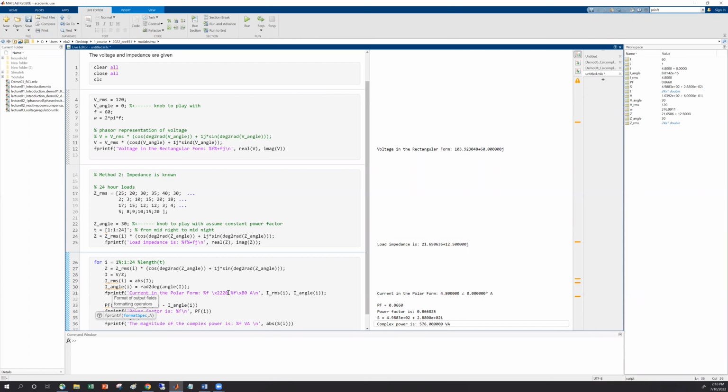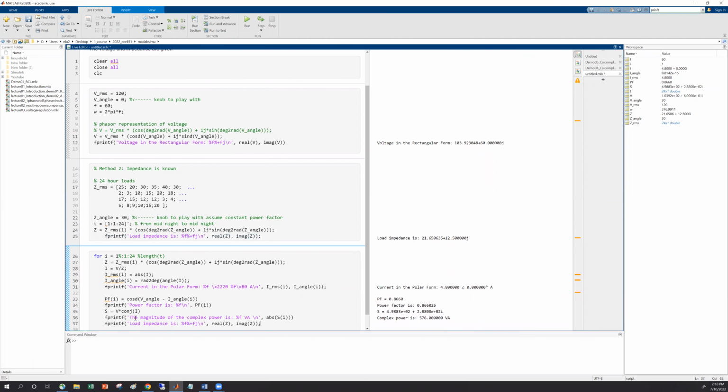Otherwise, you need to print out using this type of command, so you can plot out the complex number. For example, let me put it here just to give you an example.